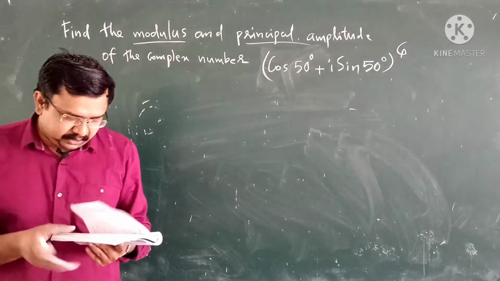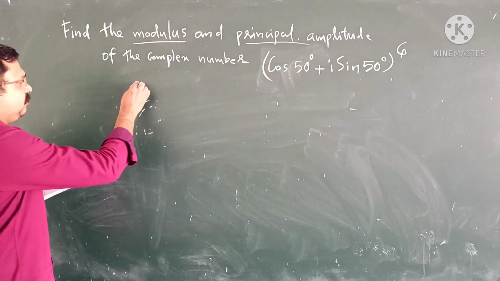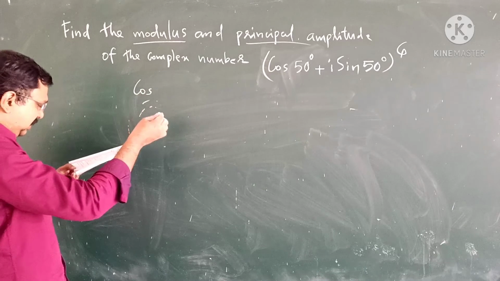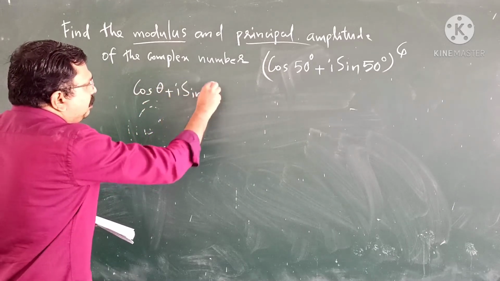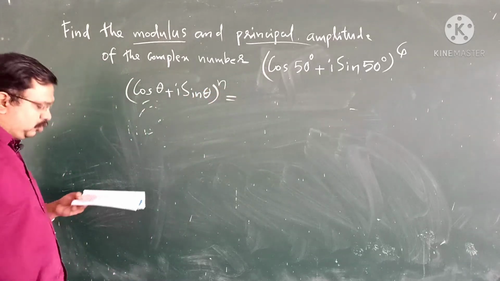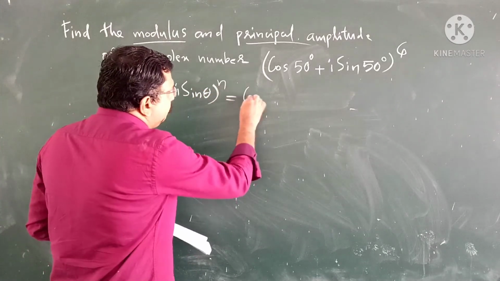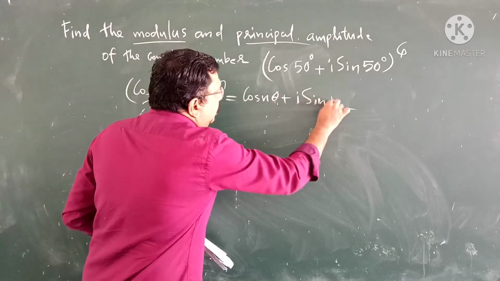Listen, first we know that cos theta plus i sin theta, the whole raised to n, by De Moivre's theorem is equal to cos n theta plus i sin n theta.